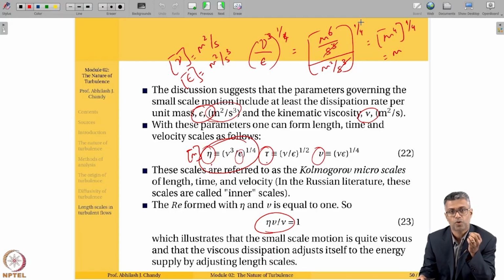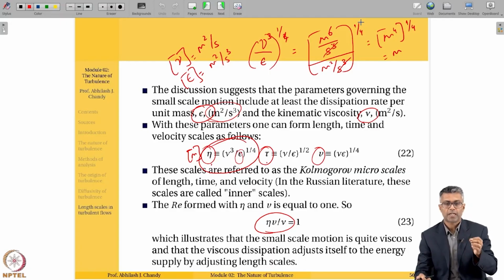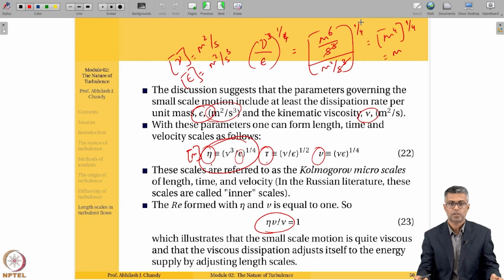But this is based on one of the fundamental theories of turbulence, starting with the premise that large length scales have large time scales, and small length scales are associated with small time scales.